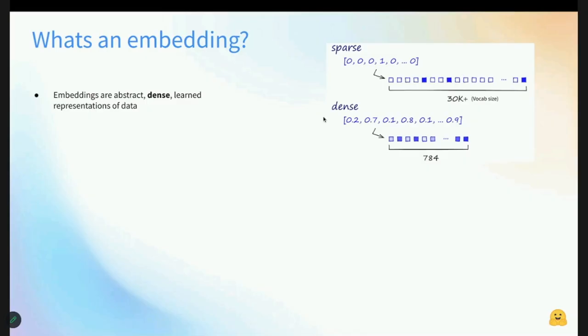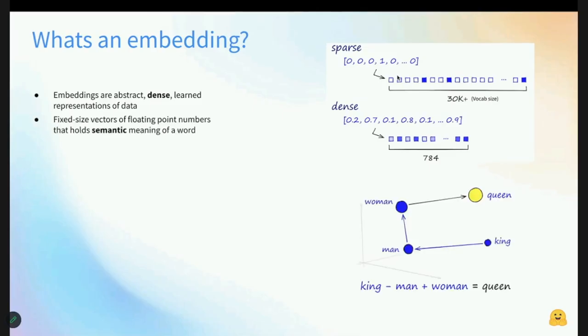Embeddings, on the other hand, are a learned dense representation, and the vectors themselves contain floating point numbers. They're much smaller in length because they're encoding rich information about a given word or document. So it's a more compact and rich way to represent information than these traditional sparse approaches.